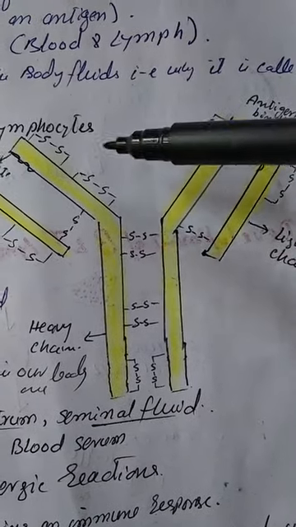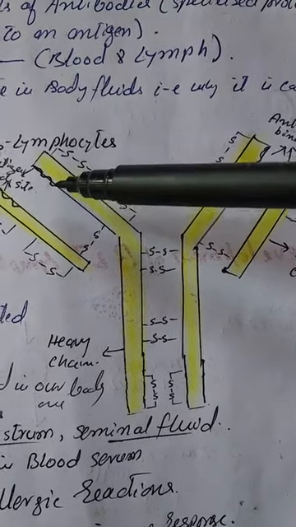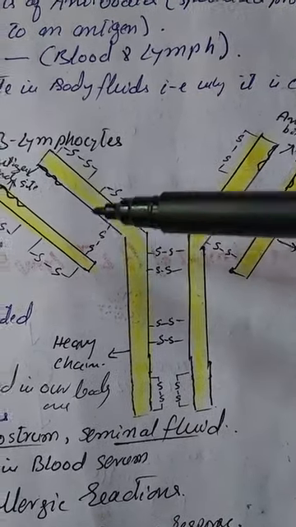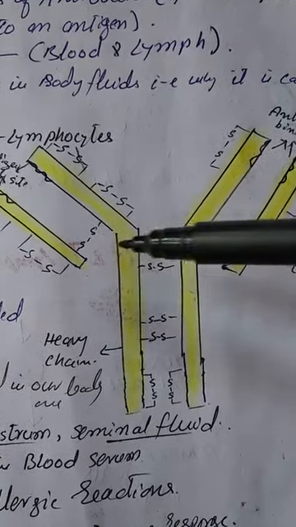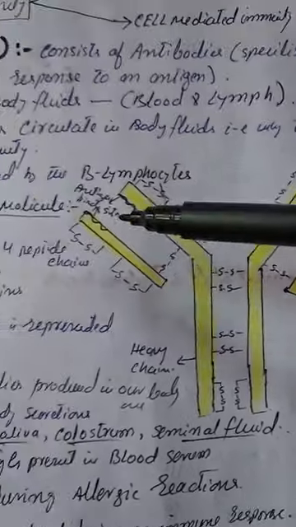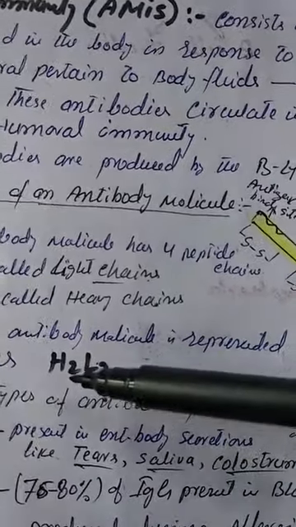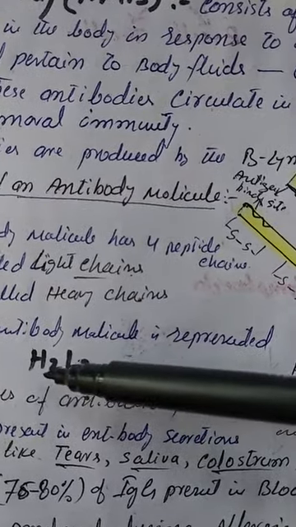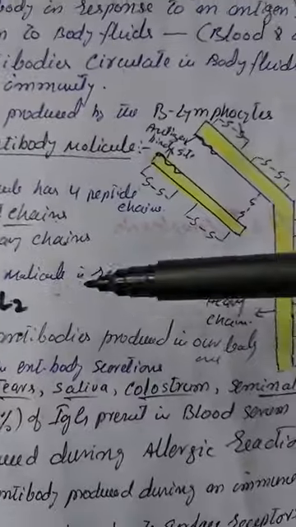Thus, each antibody molecule has 2 small chains, also called light chains, and 2 long chains called heavy chains. An antibody molecule is therefore represented by H2L2, that is, 2 heavy chains and 2 light chains.